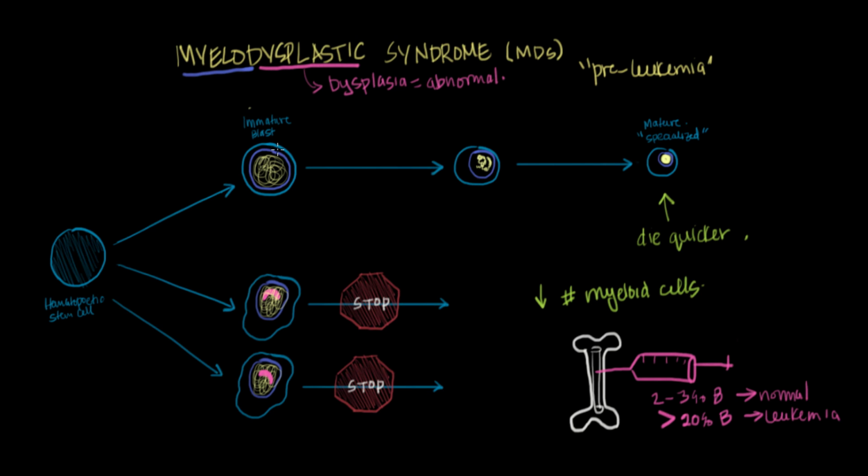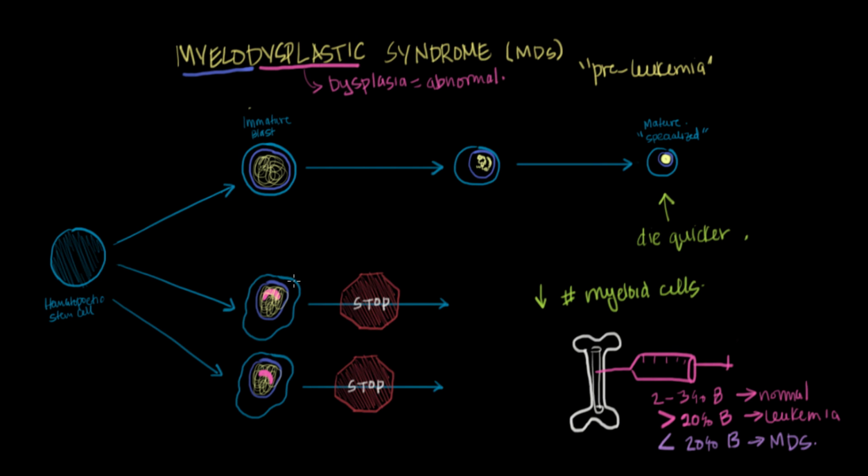However, because we don't have a cancer where these cells are dividing rapidly and out of control, we wouldn't expect to see greater than 20% blasts as we do in leukemia. Instead, we see less than 20% blasts, but greater than 2 to 3%. So greater than what's normally expected, but less than what's seen in leukemia. And that's what we see in myelodysplastic syndrome.